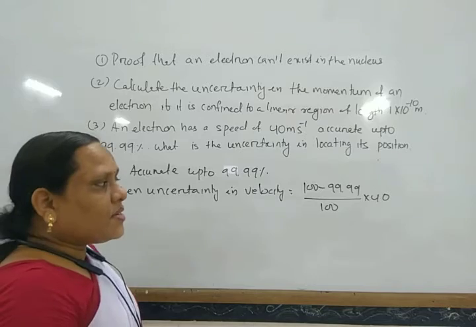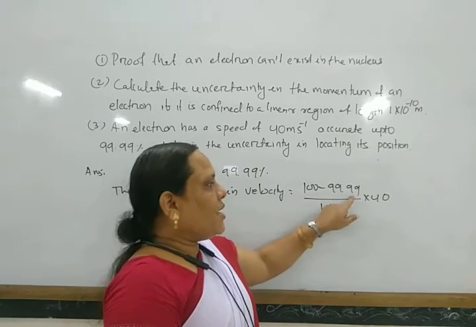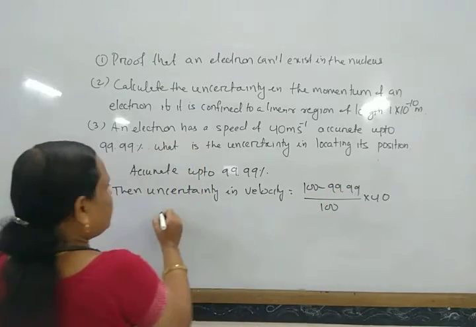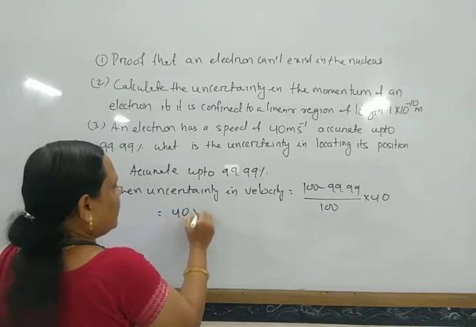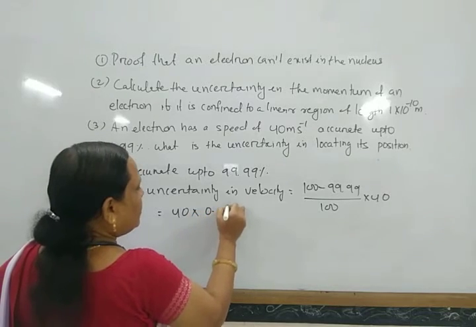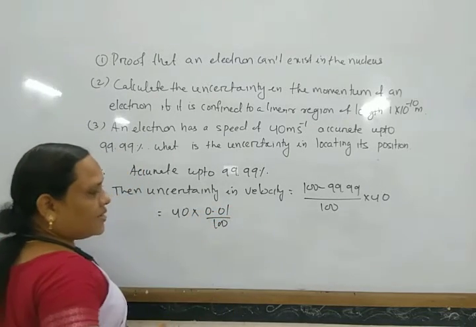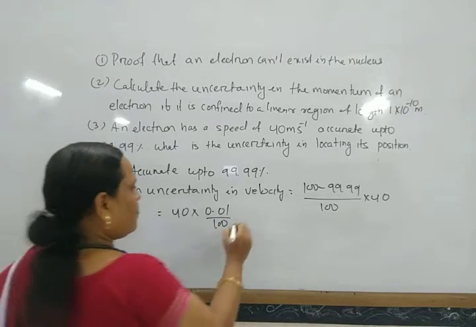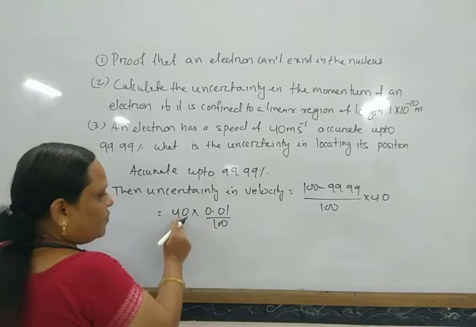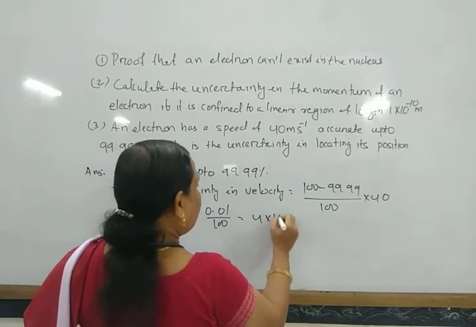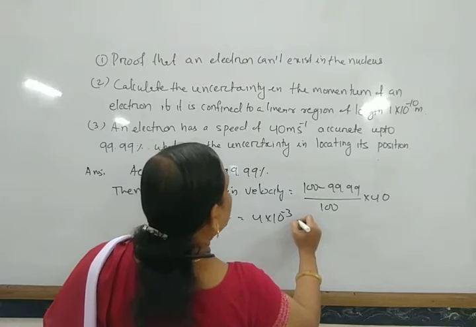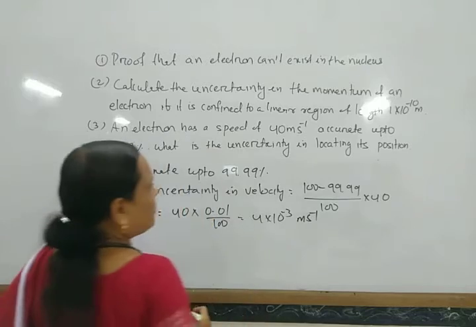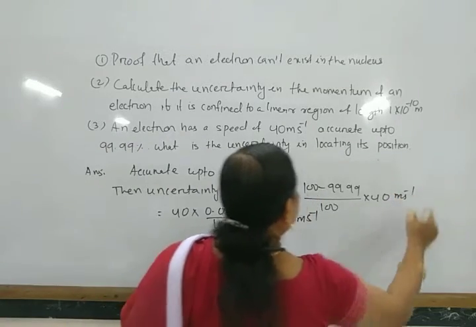So 100 minus 99.99 is equal to 0.01. So this is equal to 40 into 0.01 by 100. That is 1 into 10 to the power minus 4, and 4 is there, that is equal to 4 into 10 to the power minus 3 meter second inverse.